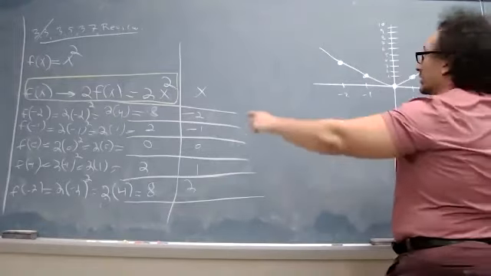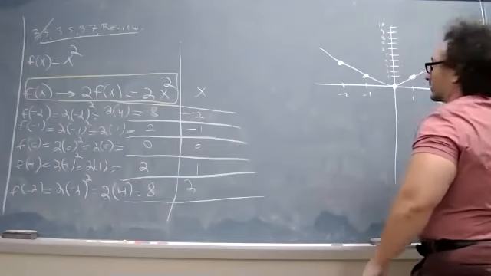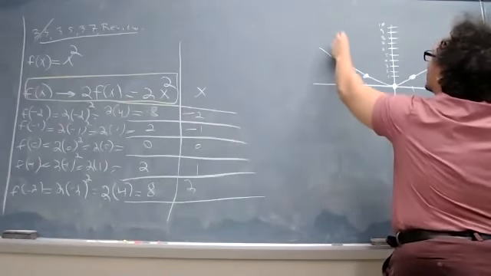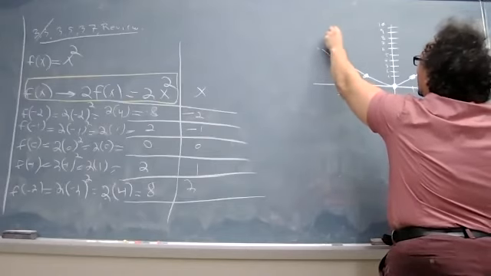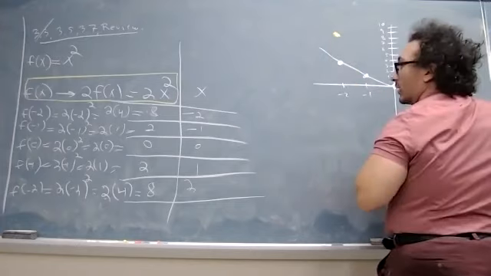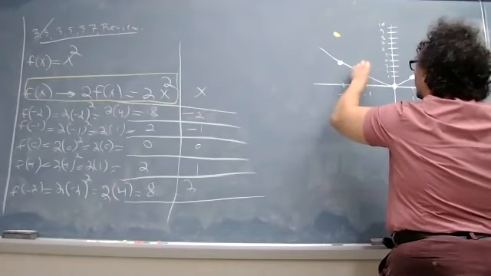Now, because this is x squared, what does 2x squared look like? That's what we want to know. So at -2, it outputs an 8. So I go here and I put a dot. At -1, it outputs a 2. So I go over here, -1, a 2, I put a dot.